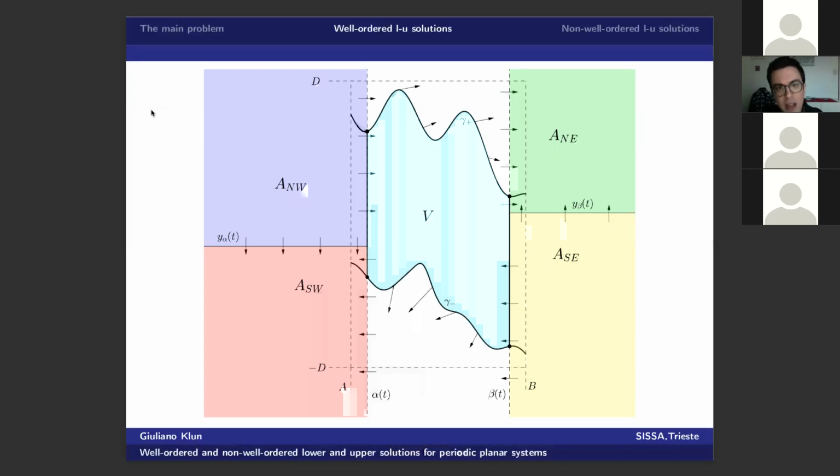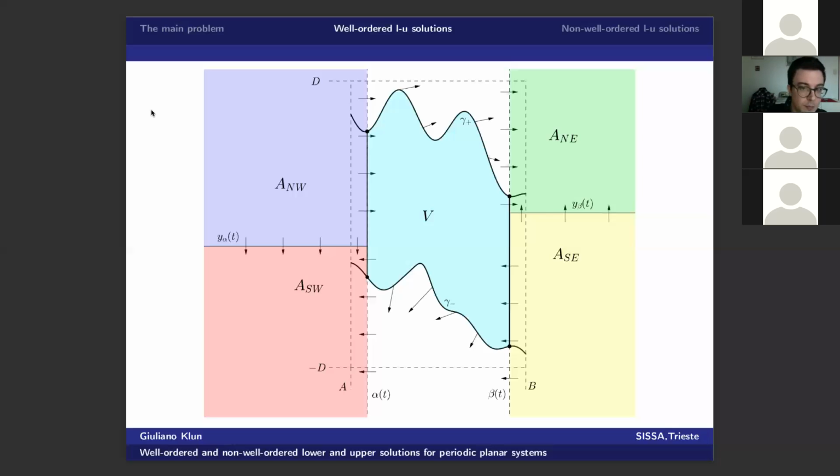And here, with a geographical inspiration, the space outside the strip containing V, that is the white strip here containing V, has to be divided into four regions delimited by y alpha and y beta, that we call with a geographical analog A northeast, because it is the upper right part of the phase plane, A southeast, that is the yellow region, A southwest, that is the reddish pink region, and A northwest, that is the violet region.